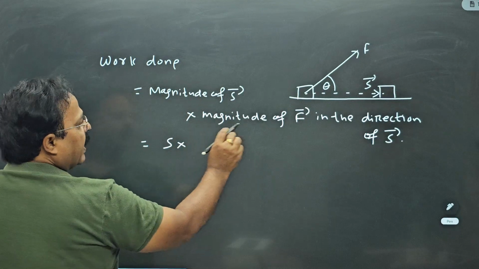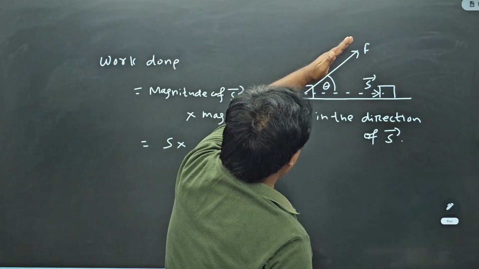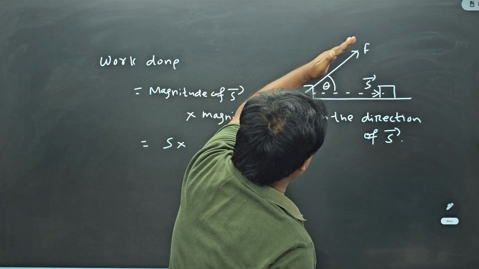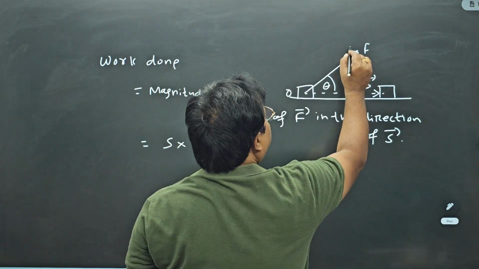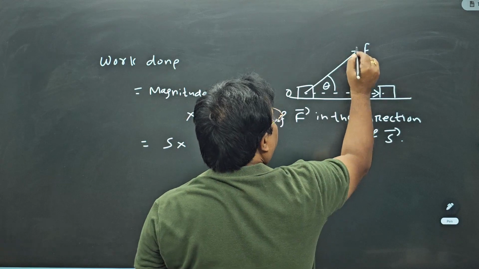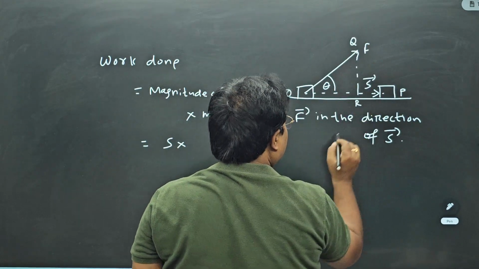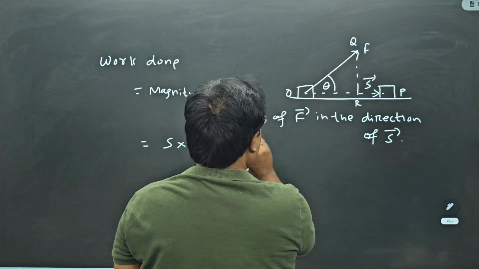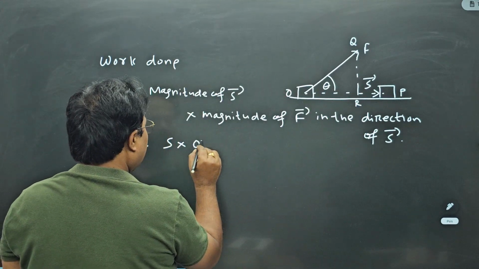Only S. What is the magnitude of F vector in the direction of S vector? I have already mentioned it. Let us make a triangle. This is O, this is P, this is Q, this is R. What is the magnitude of F vector in the direction of S vector? It is only OR. What is OR?